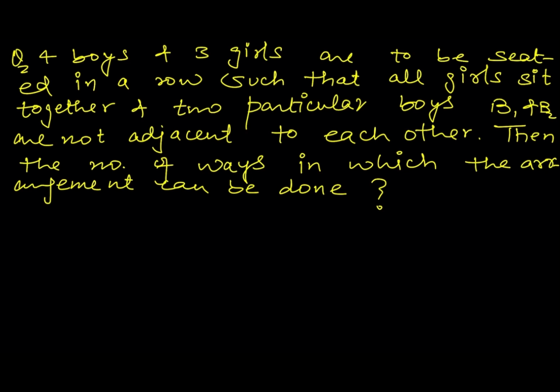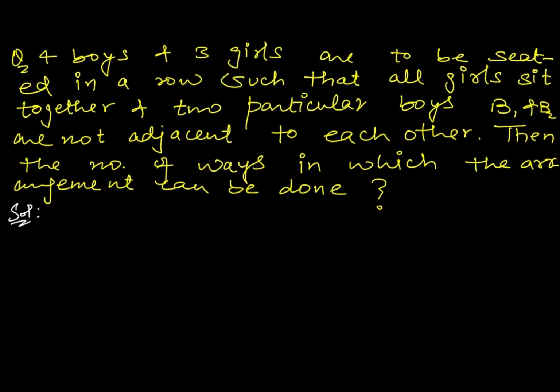See students, the restriction is imposed on 2 particular boys, B1 and B2, and the other 2 boys are free of restriction. And there is one restriction on girls also, that all girls should be together, right?